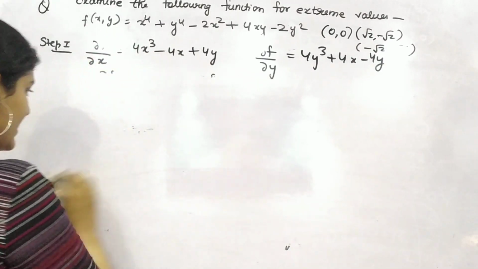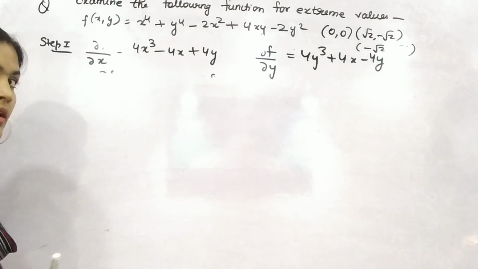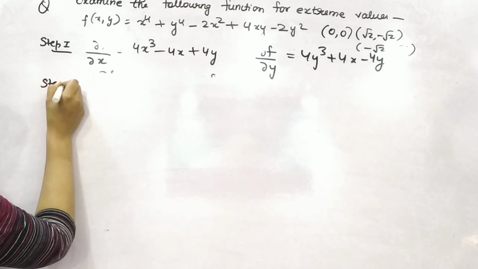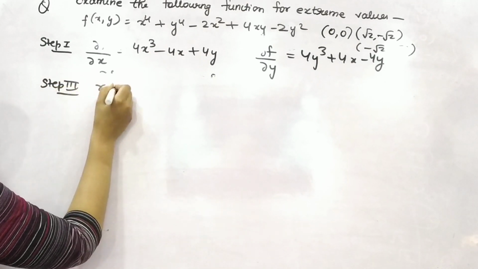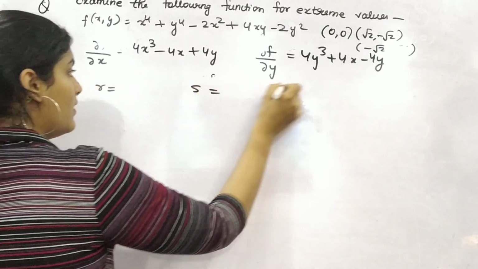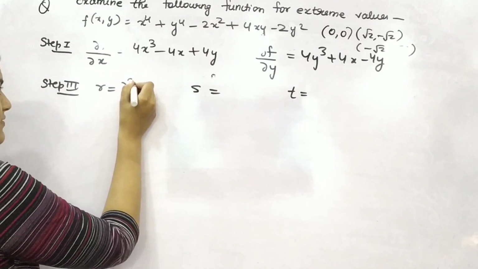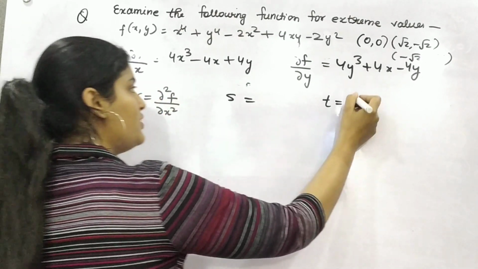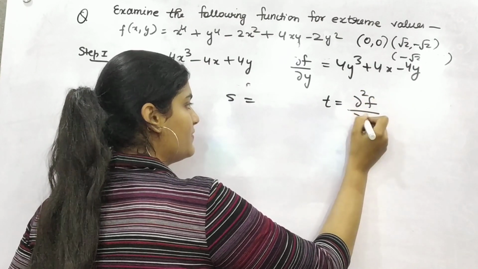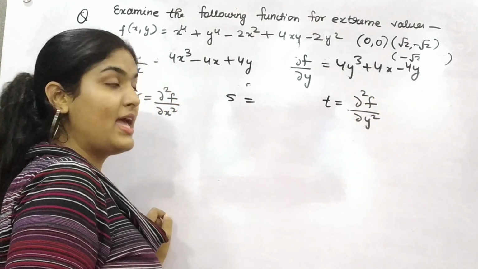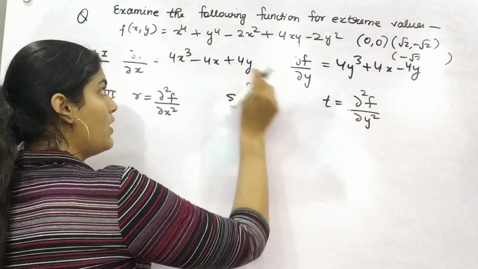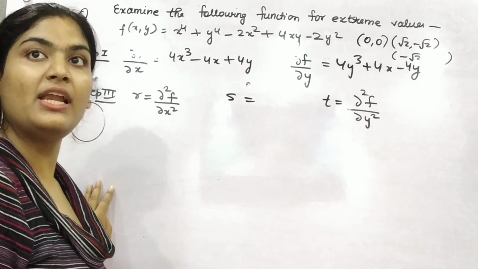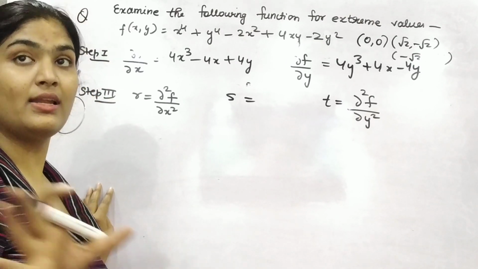In order to find 3 other functions or variables, r, s, t, what you need to do: your r will be the double differentiation of the function with respect to x, your t will be the double differentiation of the function with respect to y, and your s will be to take any of these first derivatives and partially differentiate it with respect to the other variable.